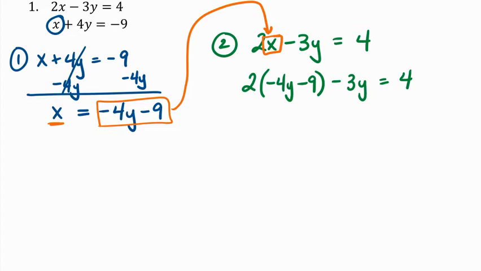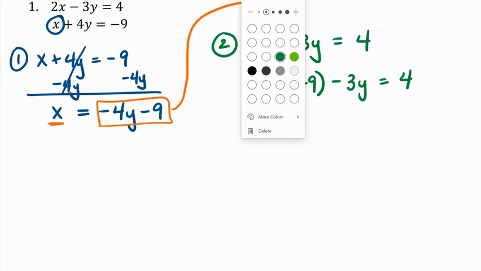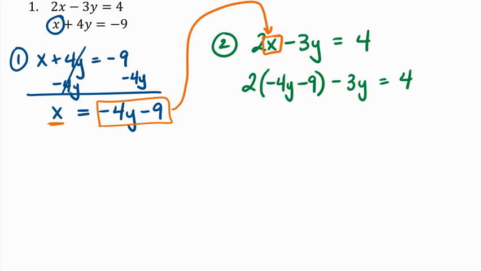Okay? And notice in this equation, there's only one variable. It's both y's. So now I can solve for y. That's the whole point. Where does 4 come from? This equation. I didn't change it. We were doing the bottom one.